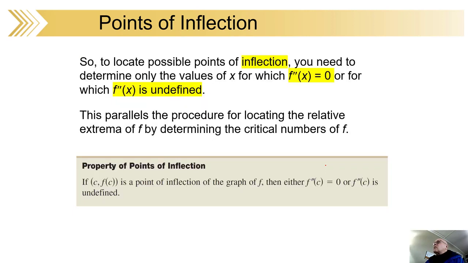To get those, you only have to find the values for which the second derivative is 0 or undefined. 0 and undefined ought to start sounding familiar. 0 or undefined for the second derivative. And those will give you points of inflection.